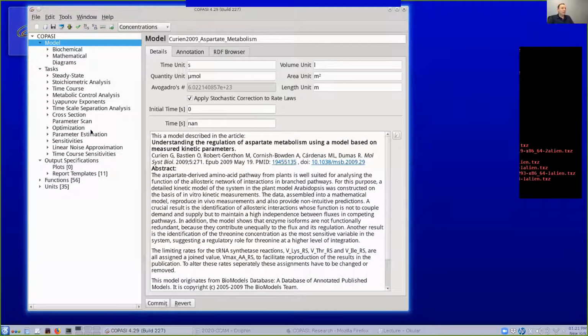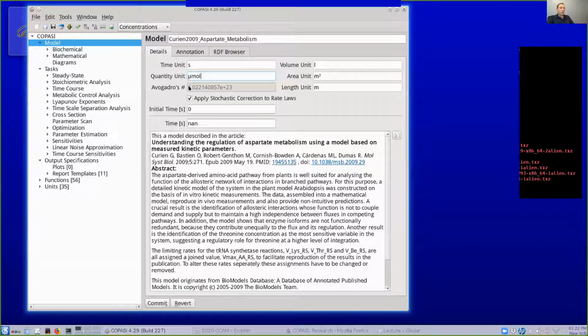I don't know. This front page tells you some basic things about the model, like the units of time, the units of volume, of area, of length, and the unit for quantity. That's the number of particles, mass. In this case, it's micromole. You also see Avogadro's number here.